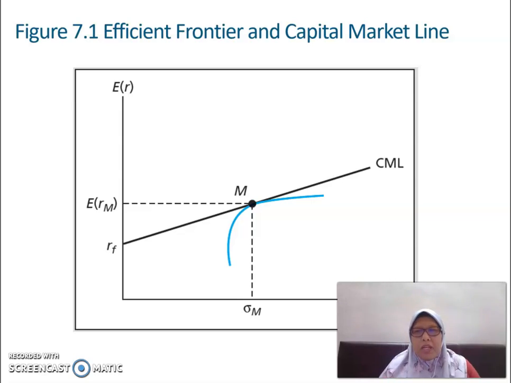Since your market portfolio is assumed to be the optimal risky portfolio, graphically, the point is at M, where, as you have learned in a previous chapter, it is the intersection of the capital market line and the efficient frontier.